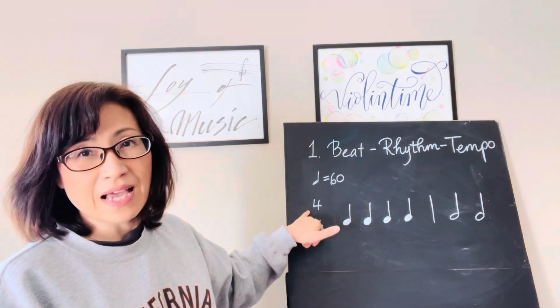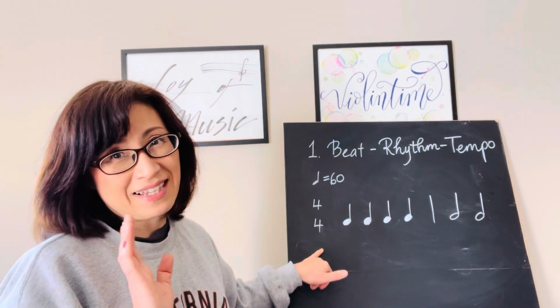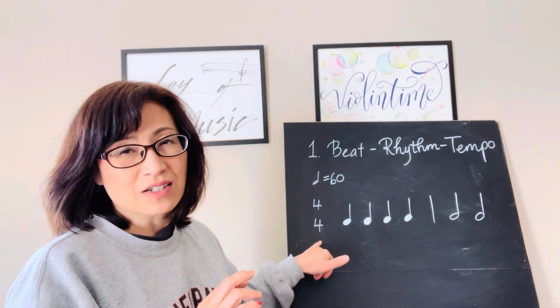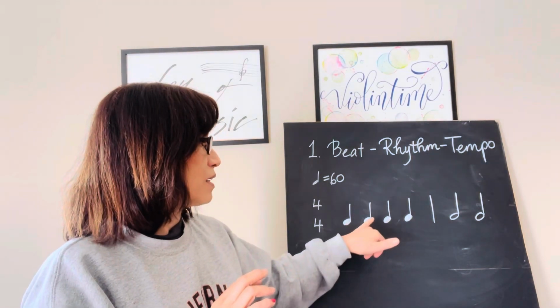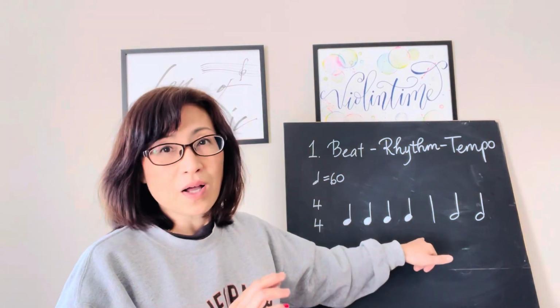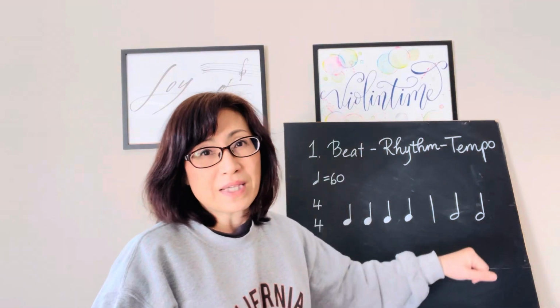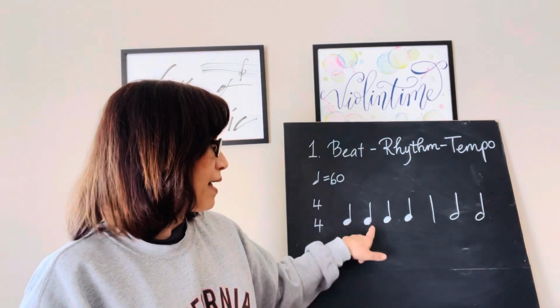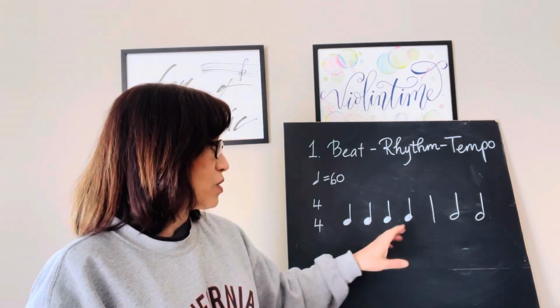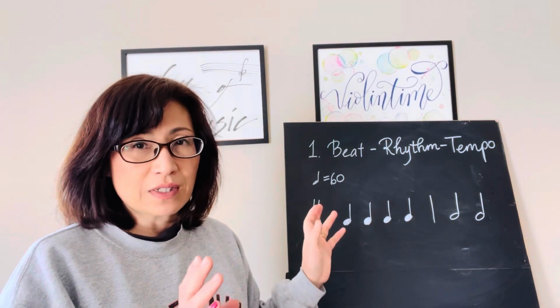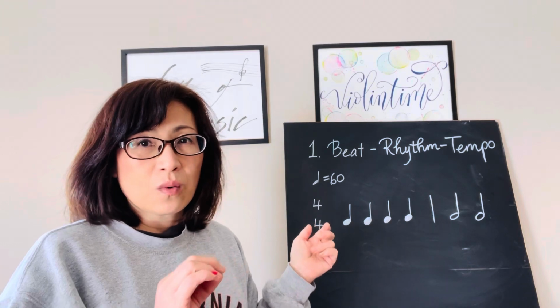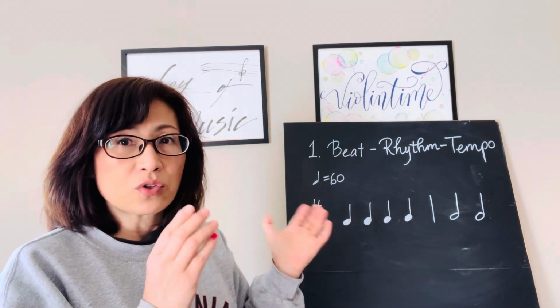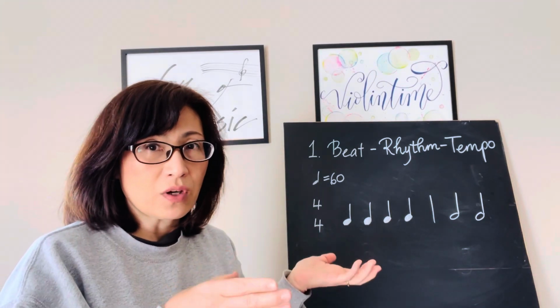So that top number means how many? I'll explain that later. And then 4 means a crotchet or quarter note. 1, 2, 3, 4. But this is also 4 beats, because of 1, 2, 3, 4. The pattern has changed. You can use all sorts of different dotted rhythms or small note values, quaver, or eighth note.